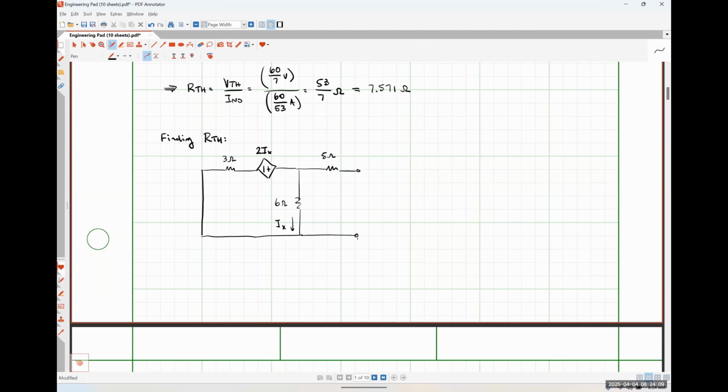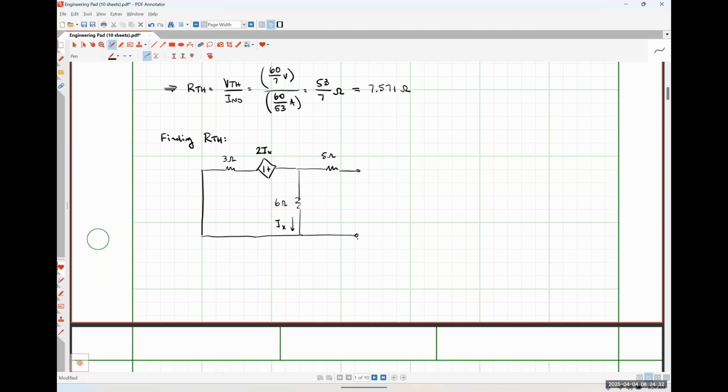So essentially, if I have a network that contains a dependent source and I want to find the Thevenin resistance directly, I have to externally excite this system as a dead network and then measure the voltage drop across the terminals and the current flowing through the terminals and take the ratio of those two quantities to find the resistance.